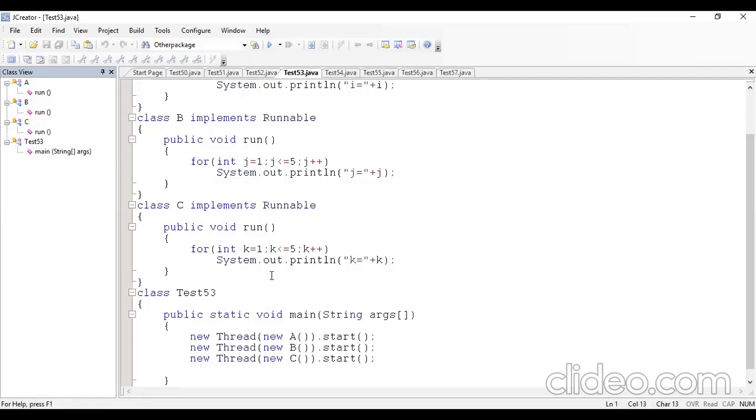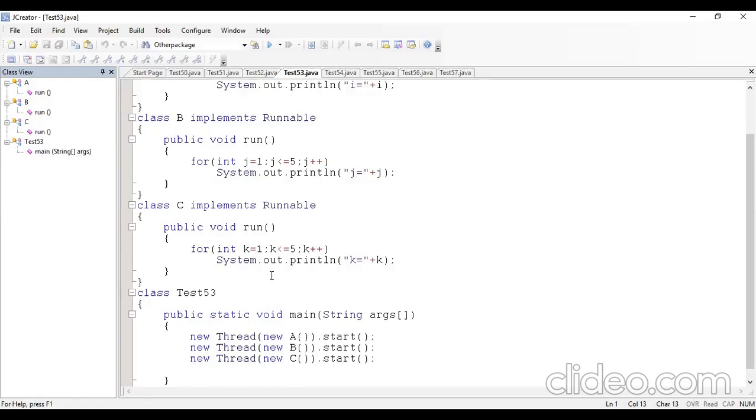And the method start, which actually moves the thread from newborn state to running state, is defined under the Thread class. It is not defined under this Runnable interface. That is the point that needs to be noted.